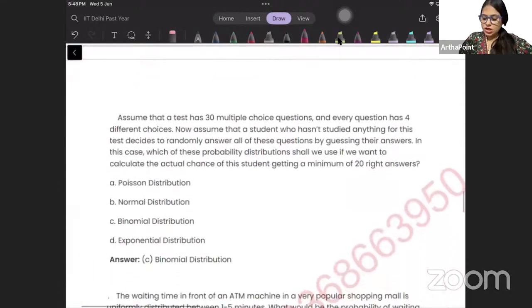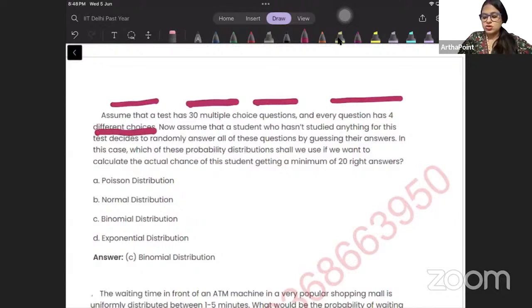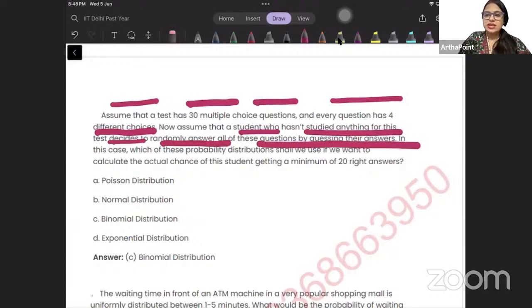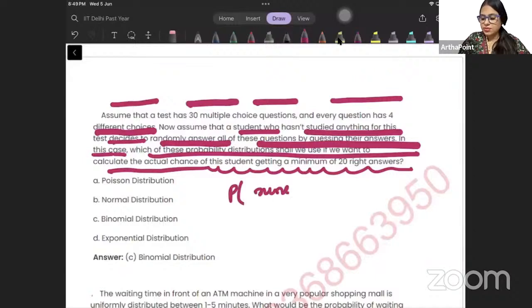Okay. Come to the next question. It says, assume that a test has 30 multiple choice questions and every question has 4 different choices. Assume that a student who hasn't studied anything for this test decides to randomly answer all these questions by guessing their answer. In this case, which of the following probability distributions would we use to calculate the actual chance of the student getting a minimum of 20 answers? So try to understand. In such questions, we are asking what is the probability that he gets more than 20 correctly.